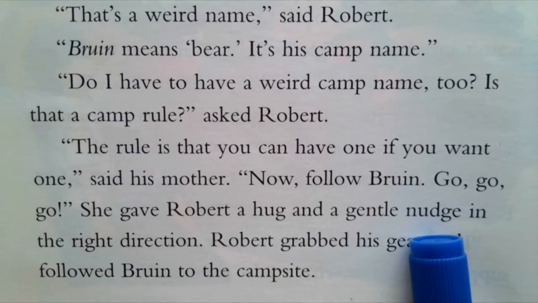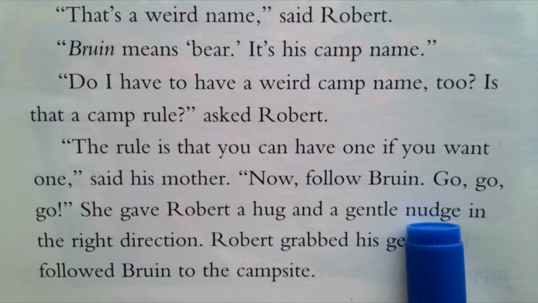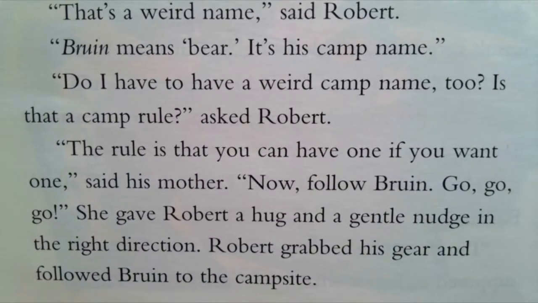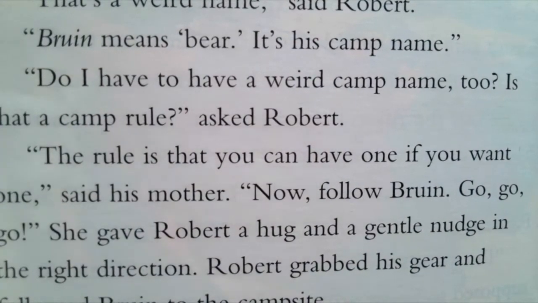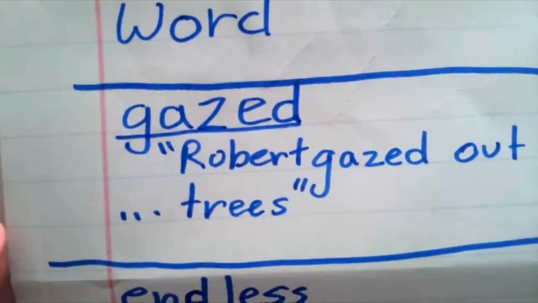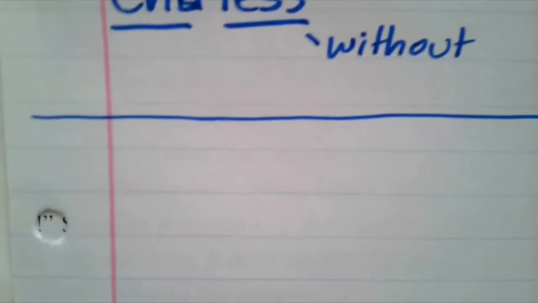Have you heard this word, nudge, before? What might nudge mean? Let's add that word to our tool and do some thinking about it. Here's the side where we collected words like gazed and endless.